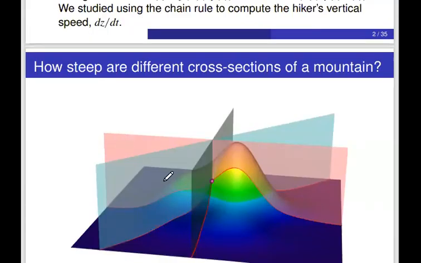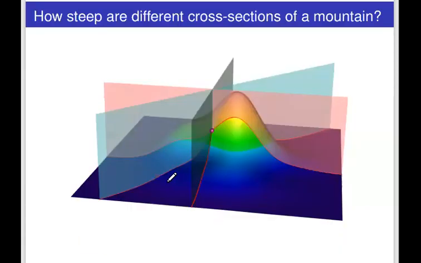Okay, let's see. Let's slice off this mountain through this point from different angles. If you slice off this mountain in this direction through this point, you get a curve. Give me a second.